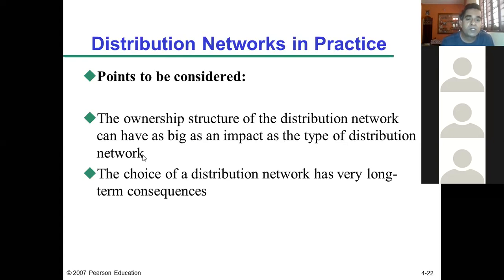The manufacturer, wholesalers, and retailers are three different entities, so each is the owner of their respective stage. This can have an impact on the type of distribution network. The choice of a distribution network has very long-term consequences. It means a company cannot easily change its distribution network once it decides on one.